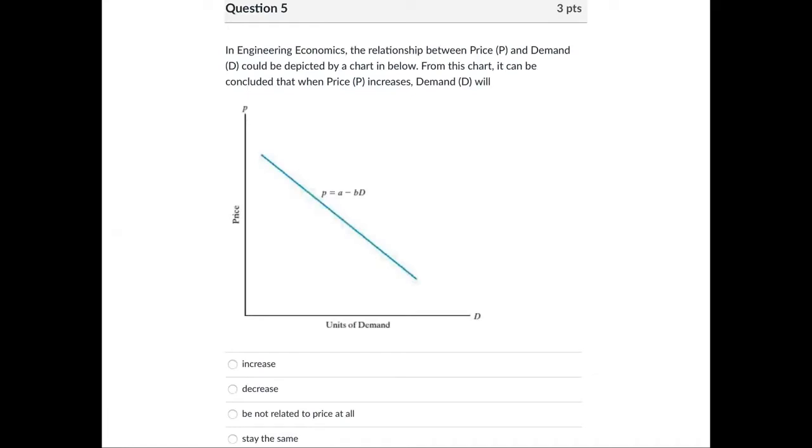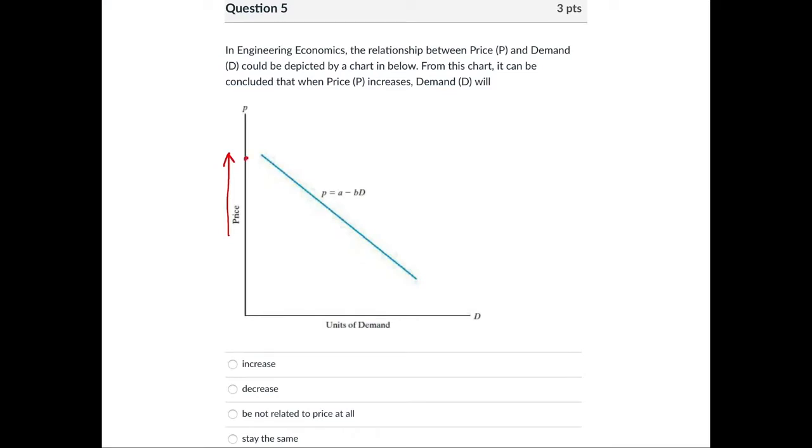Okay. Question number 5. In engineering economics, the relationship between price and demand could be depicted by the chart below. So that's the chart. That's the angled line we talked about, right? It's going downward. From this chart, it can be concluded that when price increases, what happens to the demand?